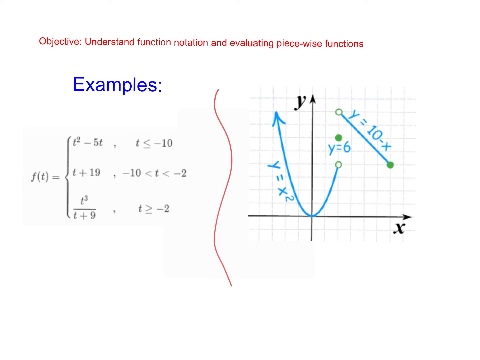So, a piecewise function, we have x squared minus 5x, minus t squared minus 5t. So that's a parabola, and then we have a line, and then we have a fraction. But notice we also have what are the t values? What are the x values? Because for it to be a function, you can't have overlapping stuff. So the graph, right, we have a parabola, we have a line, and then we have a point, but we only have the parabola on that section.